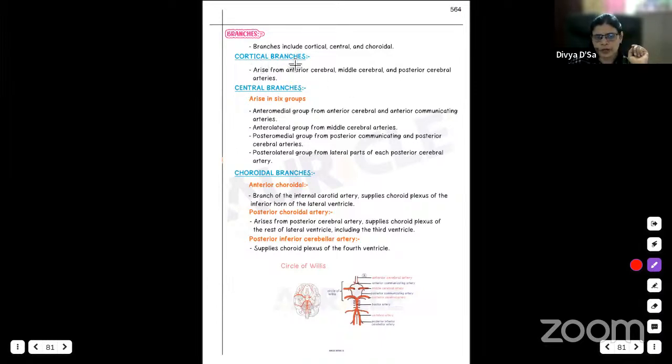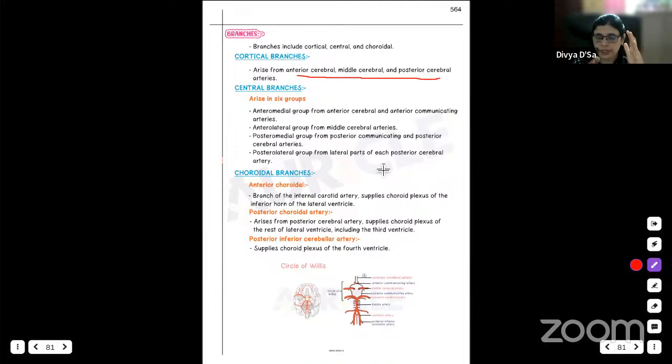So what do we mean by cortical branches? As the name says, it is for the cortex. When we say cortex, we talk about cerebral cortex. So they arise from the anterior cerebral, middle cerebral, and posterior cerebral arteries. Okay, anterior, middle, and posterior cerebral arteries. So anterior and middle are coming from which one?